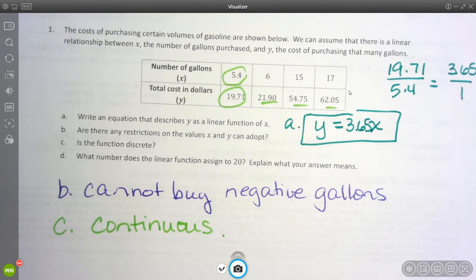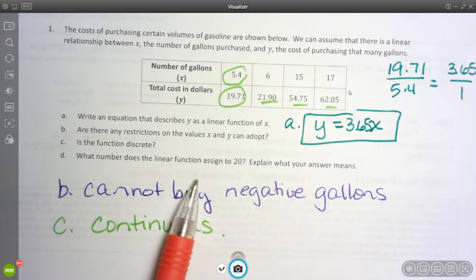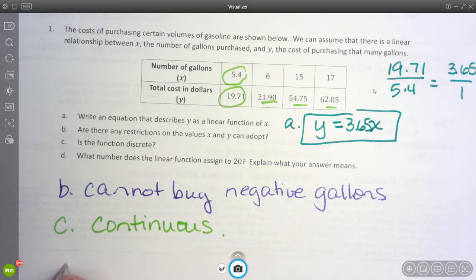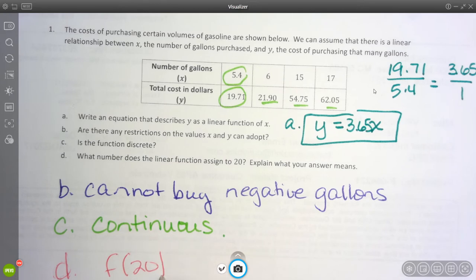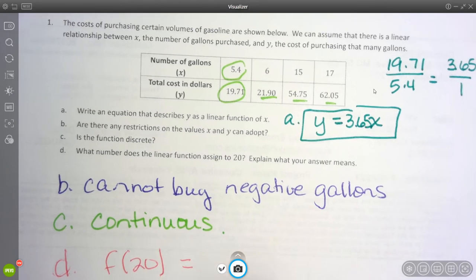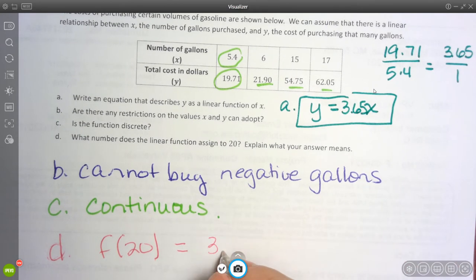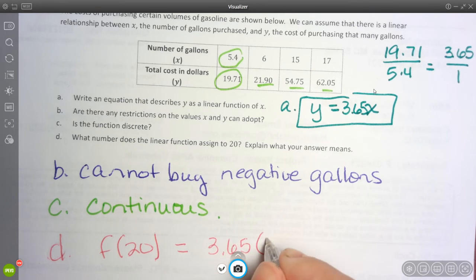And D, what does the function assign to 20? So for part D, what is f of 20? F of 20 means 3.65 times 20.